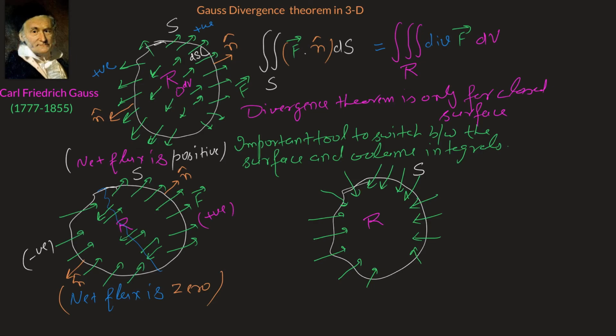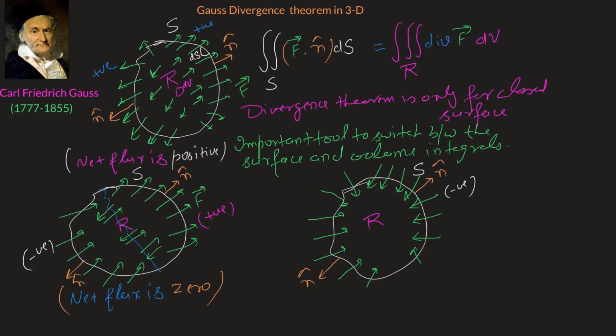If we say the normal is in this direction and here the normal is in this direction, here the vector field is opposite to the normal, so the flux in this case will be negative.